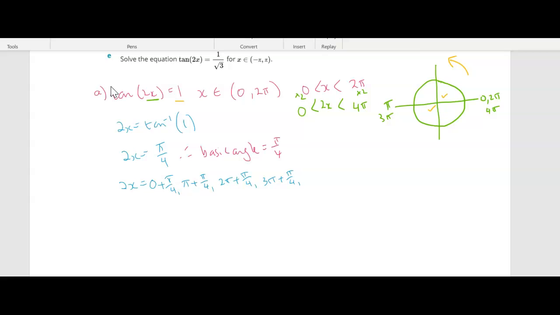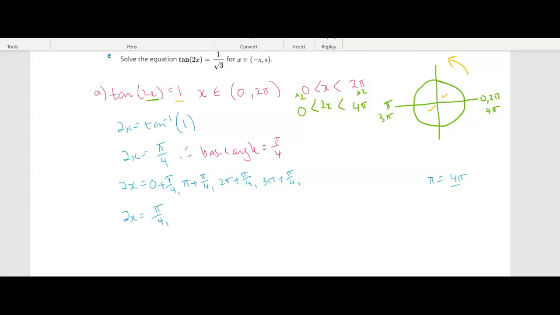All right, so just to tidy it up, I'm going to put everything as an improper fraction, not a mixed number. So currently they're not added together. So 0 plus pi on 4 is just pi on 4. Then we've got pi plus pi on 4. Now you can convert all your pi's to 4 pi on 4, just so we've got the same denominator.